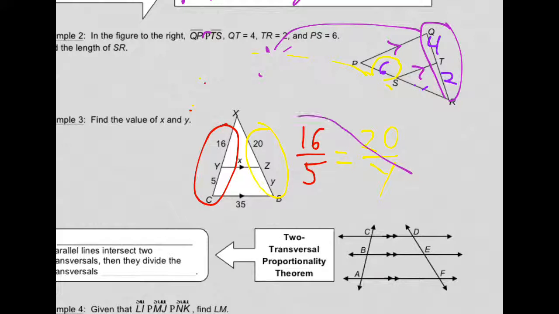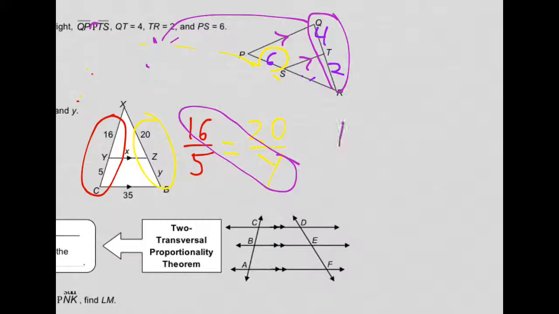I cross multiply, I get 16y equals, and then 20 times 5, well, 20 times 5 is 100.